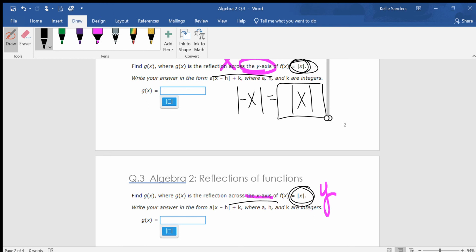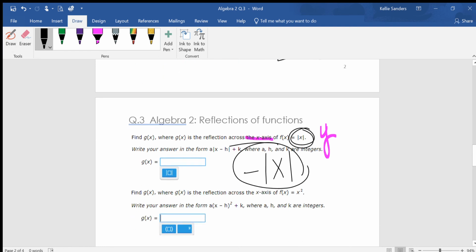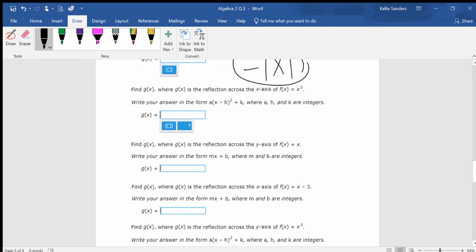If we're reflecting about the x, then we're changing the y, which means that we would put the negative on the outside. And a negative on the outside is not going to go positive because it's not on the inside. So we have two totally different answers depending on which one we are reflecting. Okay, x. So we're going to change the y, and changing the y is putting the negative on the outside.